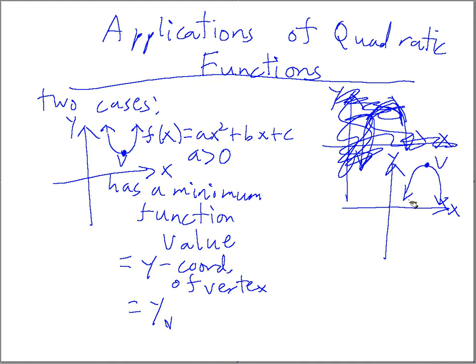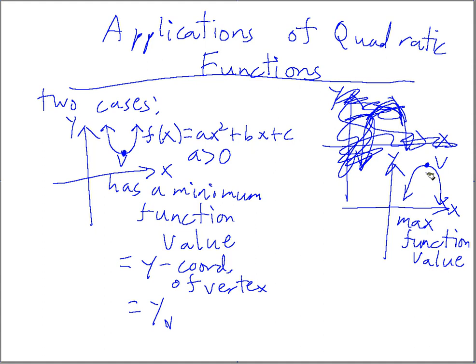For a parabola that opens downwards, you can see since it goes down forever, there's no minimum, but there's a maximum value. There's a max function value. So if it opens up, it has a minimum but not a maximum. If it opens down, there's a maximum but no minimum, because it goes down forever.